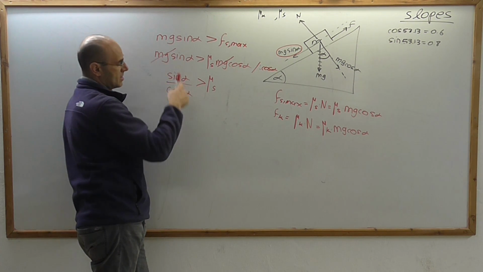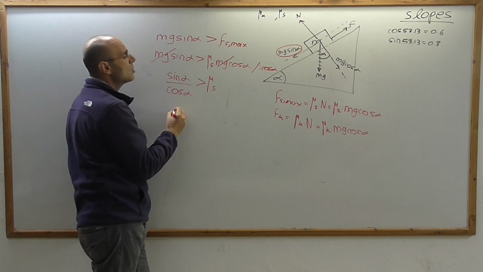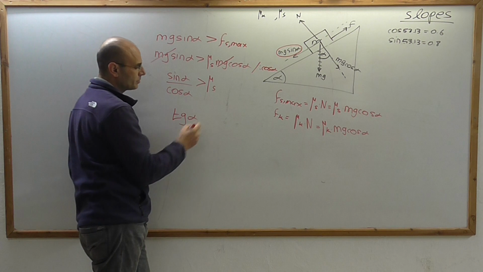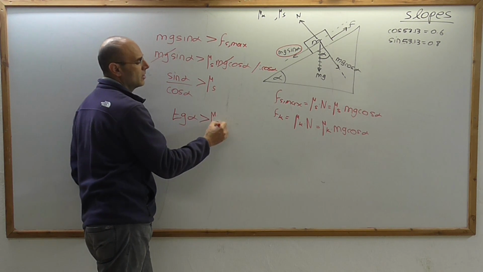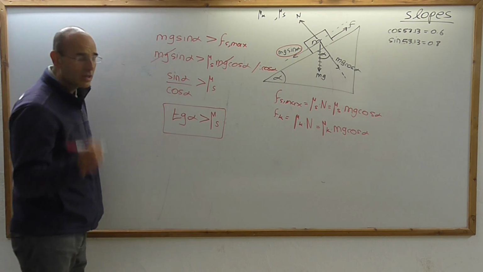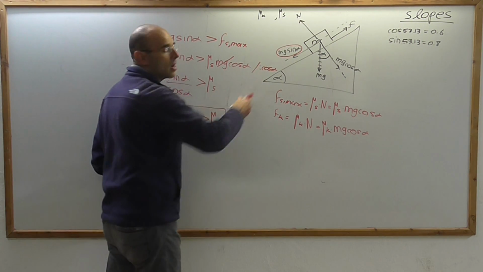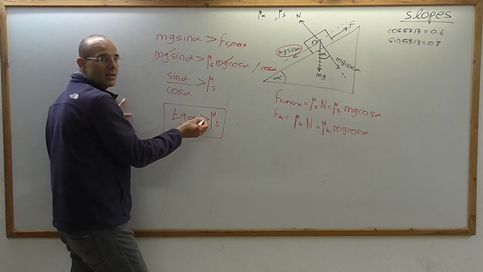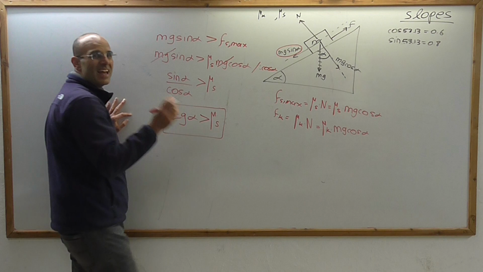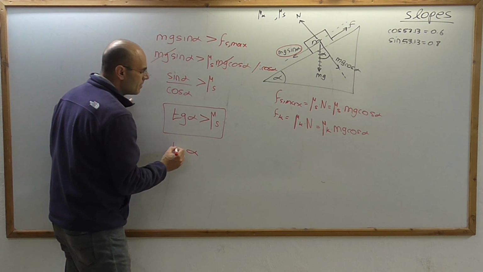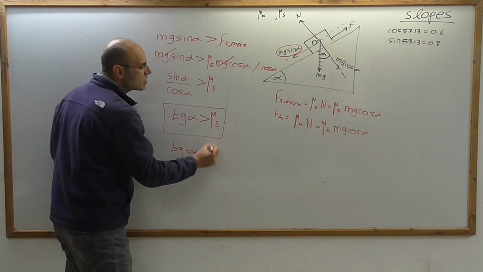This sine over cosine is known also as tangent alpha. So this is the condition in order for this mass to move downwards. The tangent alpha must be bigger than the mu static. And in the extreme case, we write tangent alpha equals mu static.